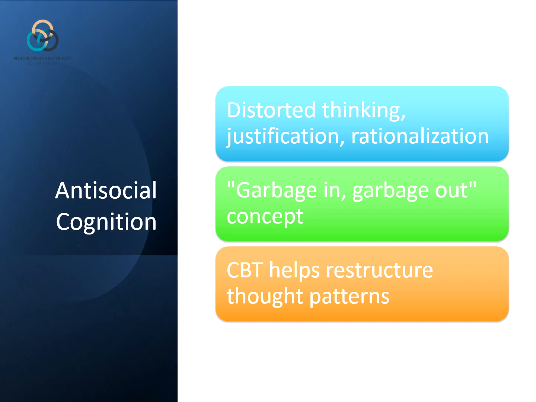So the first one is antisocial cognition. So this is talking about how this person thinks. And within a CBT model, there are things such as cognitive distortions or distorted thinking, which everyone has an amount of, or can relate with that.